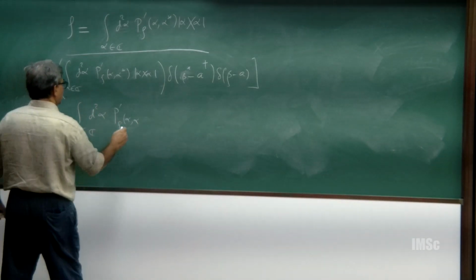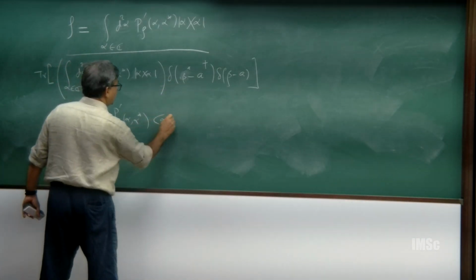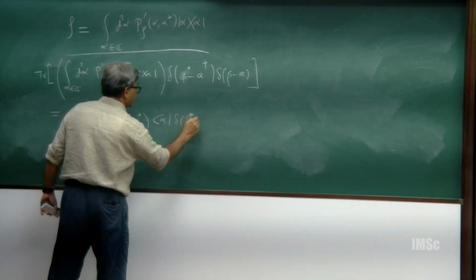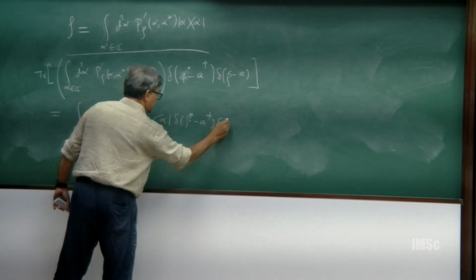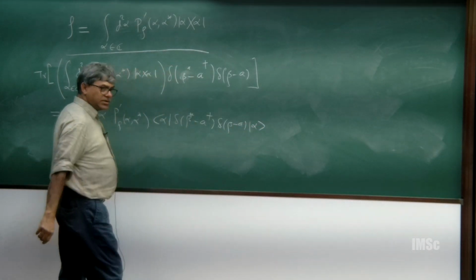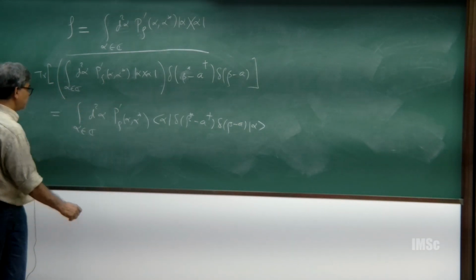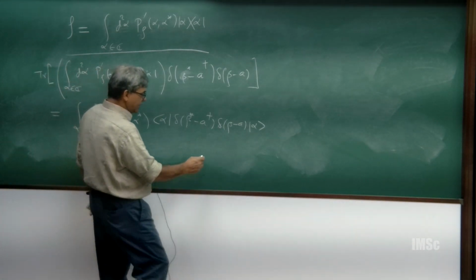Okay, fine, alpha alpha star. Now, I am taking trace. So, this will be alpha delta beta star minus A dagger delta beta minus A alpha. Is that correct? Because I am taking trace. Okay.